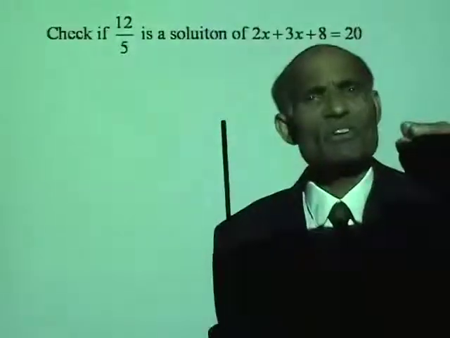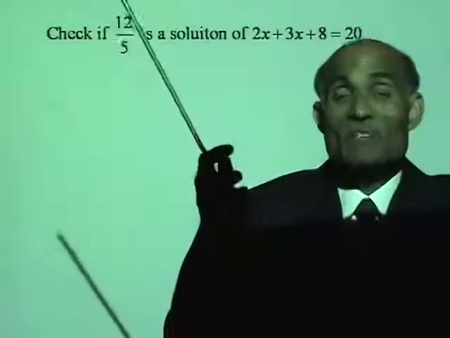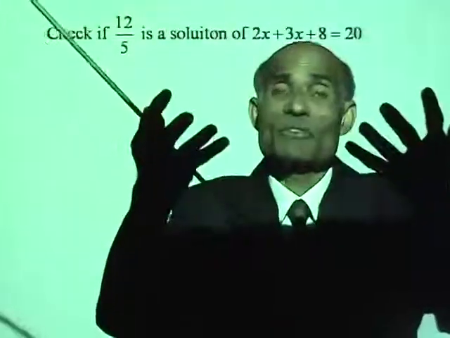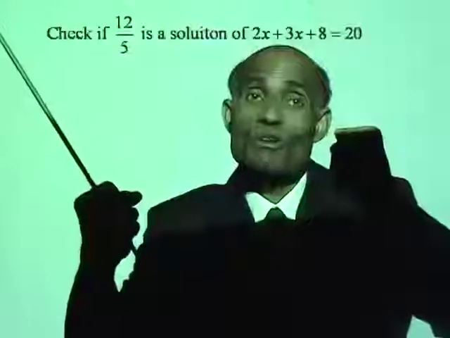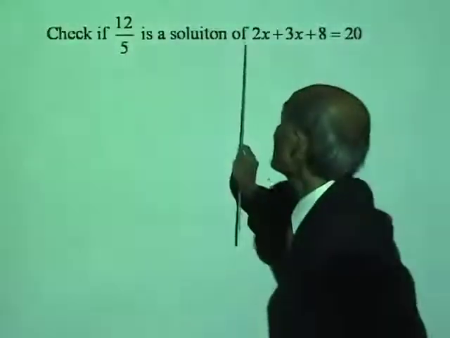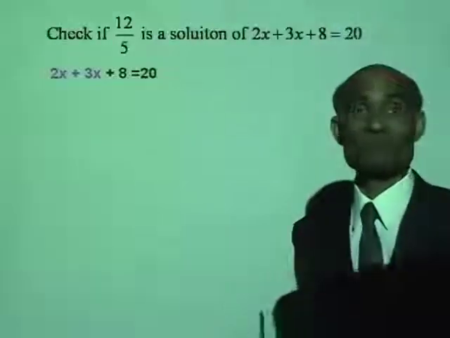What is 2x plus 3x? 2 pence added to 3 pence is 5 pence. 2 oranges added to 3 oranges is 5 oranges. 2x added to 3x will be 5x.